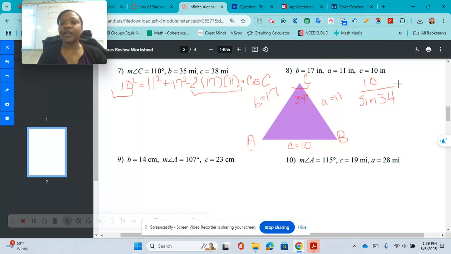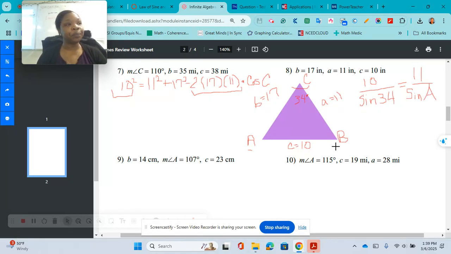Which one are we looking for next? A? Excellent. 11 at the top and sine of big A at the bottom.